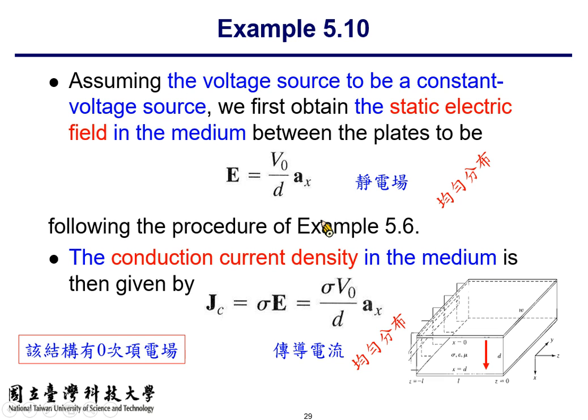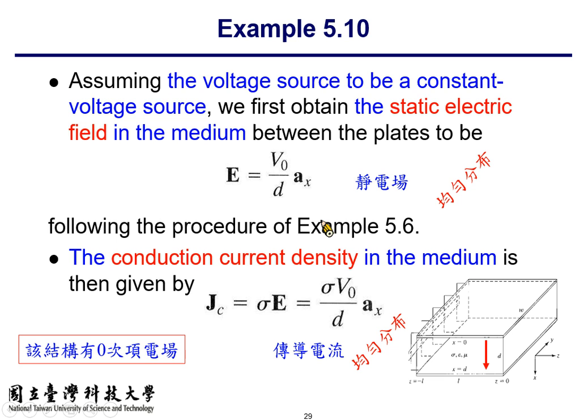So JC equals sigma times E. Substitute E with V sub 0 over d, and you have the conducting current across the dielectric slab as sigma V sub 0 divided by d. Its direction is in the x direction as marked with this red arrow. And as you can see, the distribution of the conducting current is uniform as well.